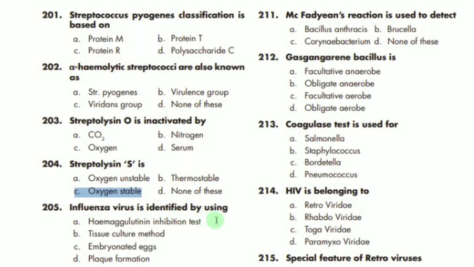Influenza virus is identified by using the hemagglutination inhibition test. A is the correct option. Growth of influenza virus is mostly identified by HeLa cells. B is the correct option.